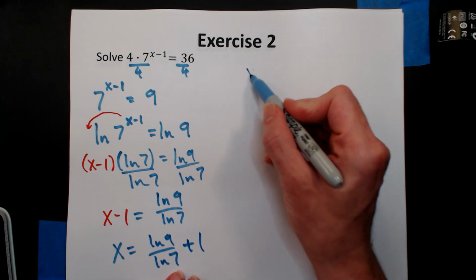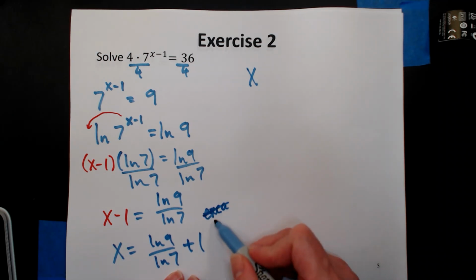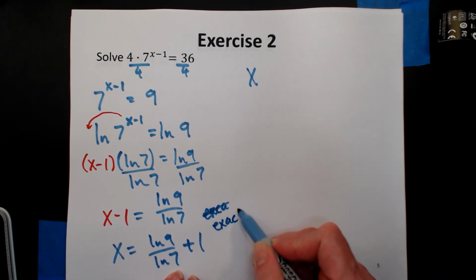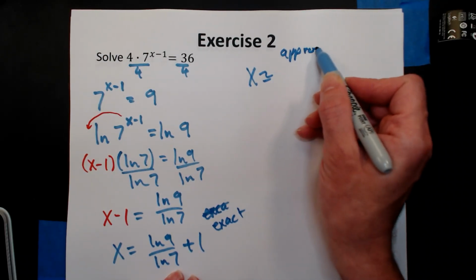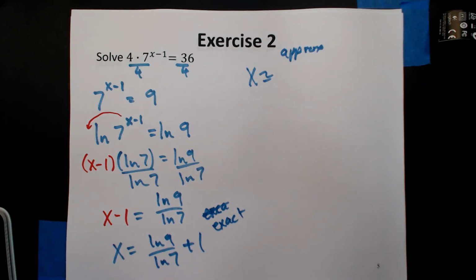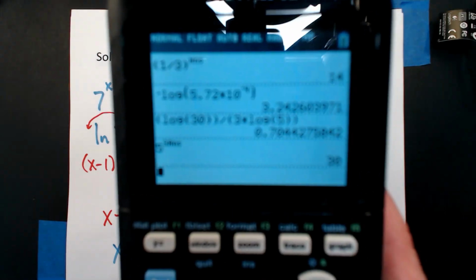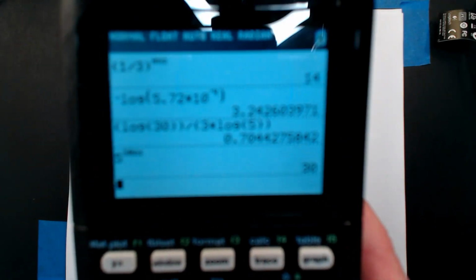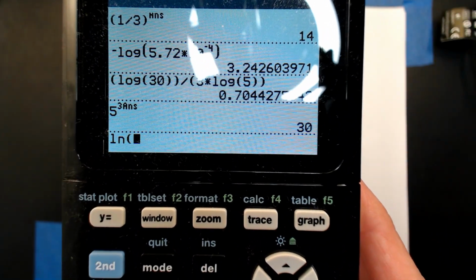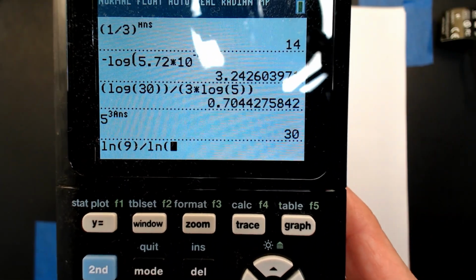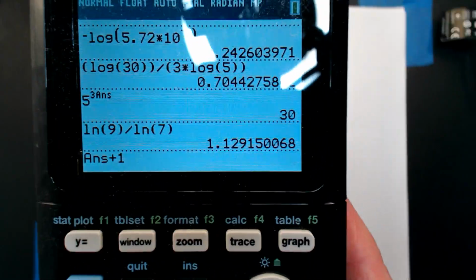And over here, this is exact. Oops, I spelled exact wrong. And the approximate is going to be, we'll go to our calculator again. Natural log of 9 divided by natural log 7, and I'm going to add 1 to it, plus 1.